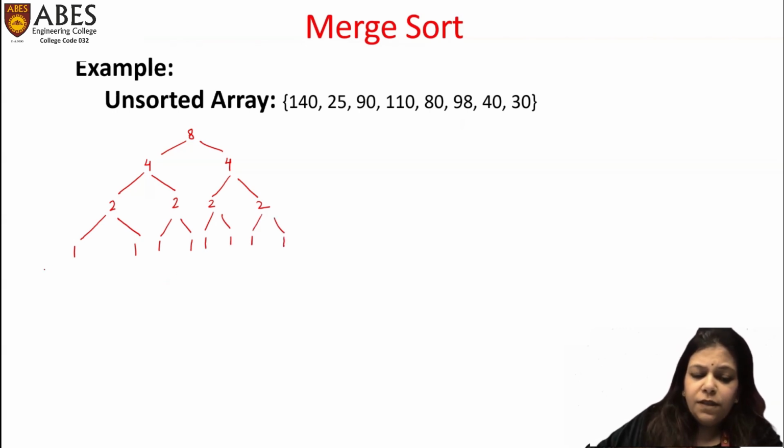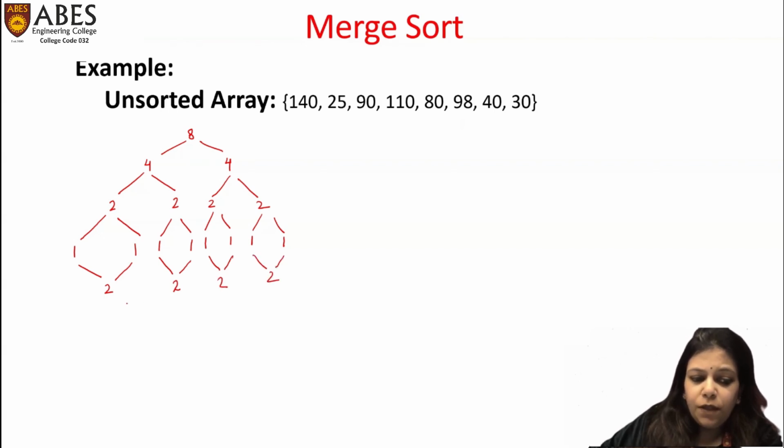And then we will start conquering. That is, we will then merge these two arrays such that the resultant array is sorted. Again, we will merge these two elements such that the resultant array is sorted and so on.